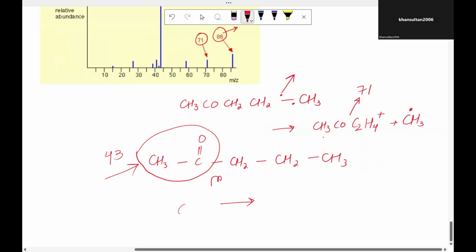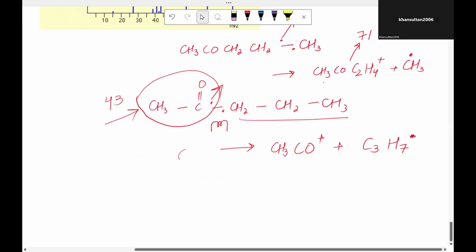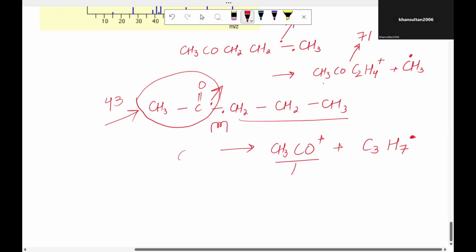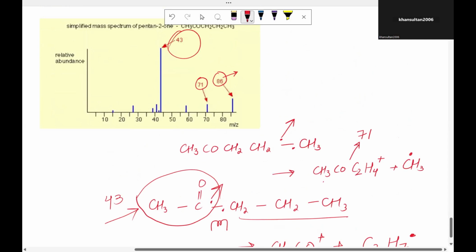A bond is going to break from this position, the electron is removed from this position, and then this would remain as a radical. So this would become CH3CO positive plus C3H7 radical. This one has a molecular mass of 43, which is represented by this peak.